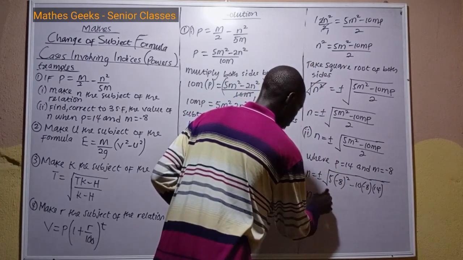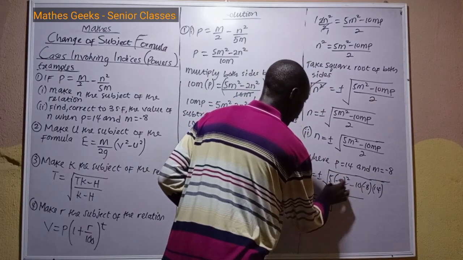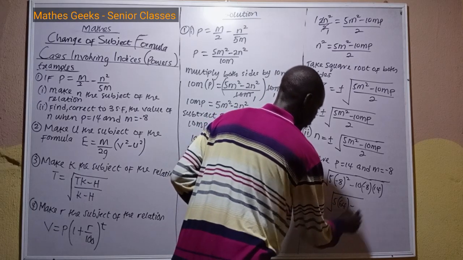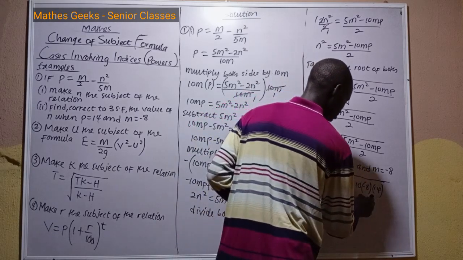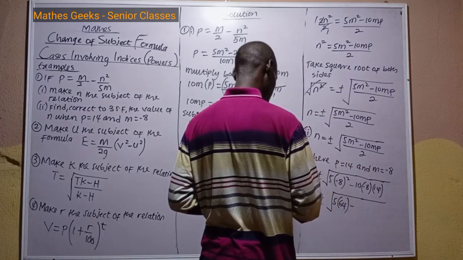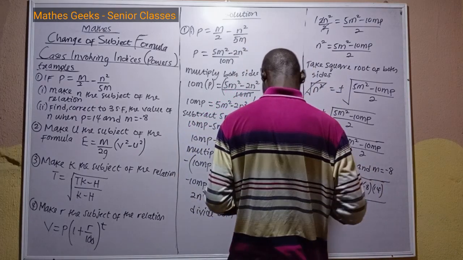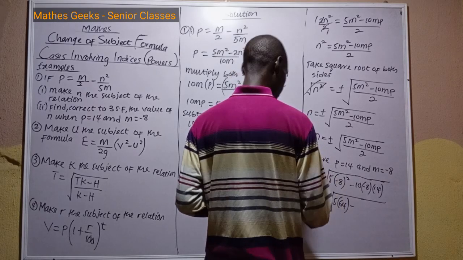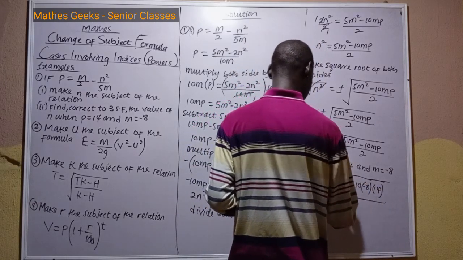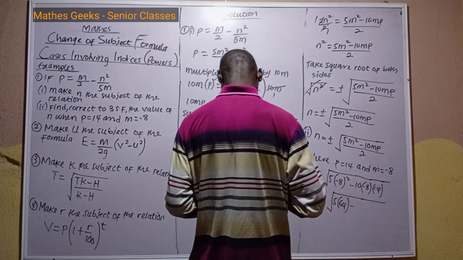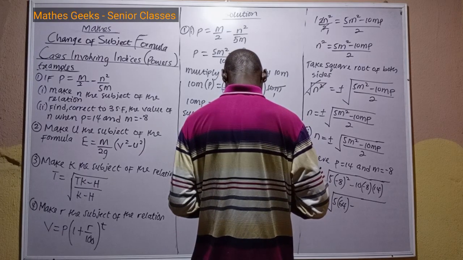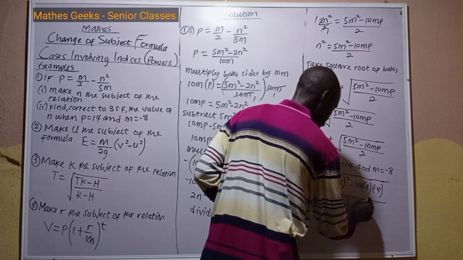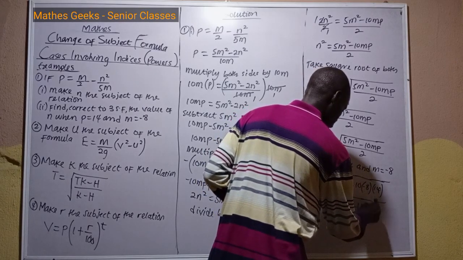Minus 8 times minus 8 is 64. Minus 8 times 14 is minus 112, and minus 112 times minus 10 is plus 1120.